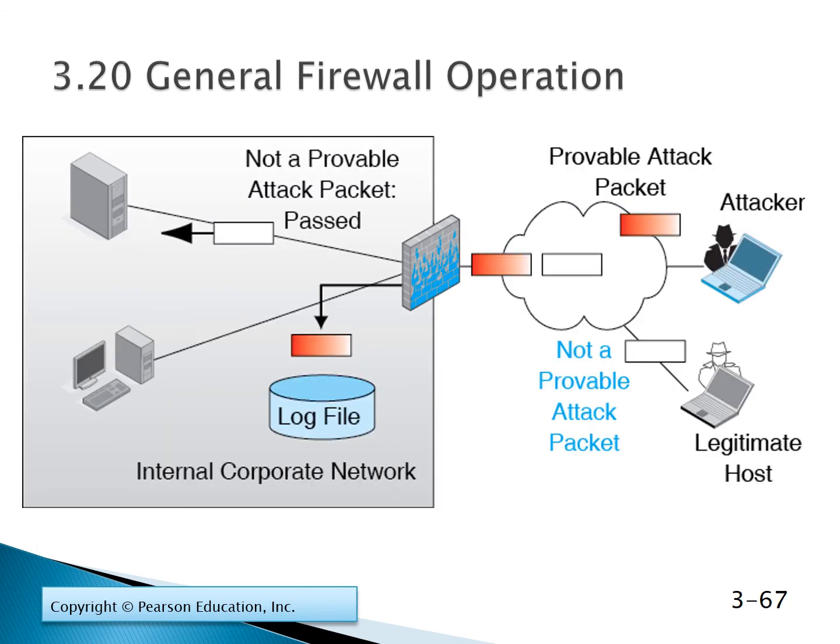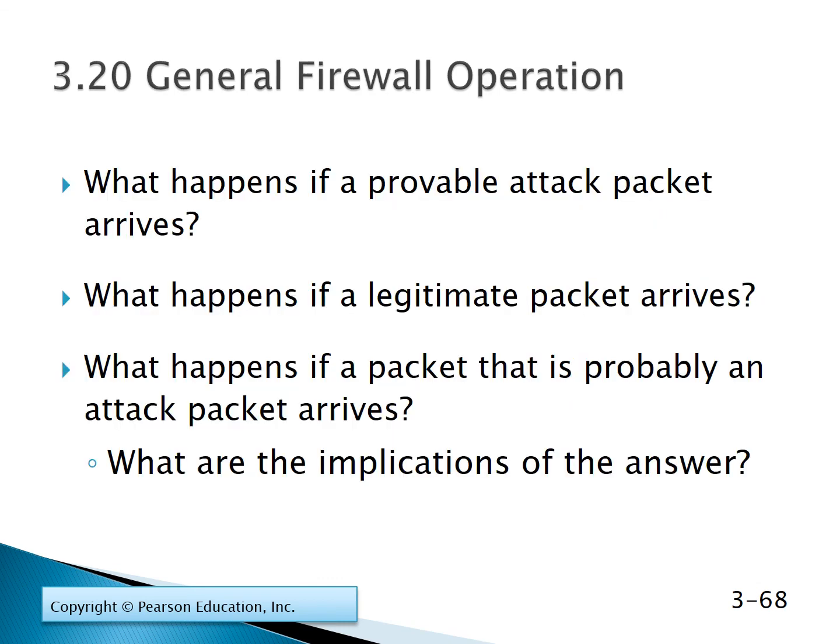So the firewall will inspect all the incoming packets. If the incoming packet is a provable attack packet, then it will not be passed to the computers. It may just be logged in a log file. If a packet is shown to be legitimate, then it will be sent to the server that it is intended for. So what happens if a provable attack packet arrives?